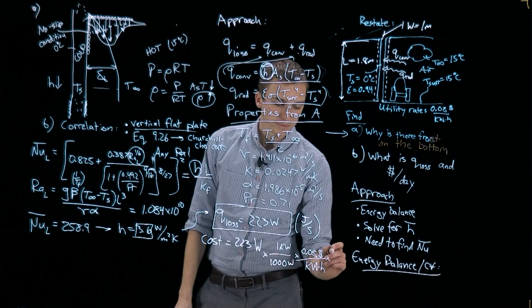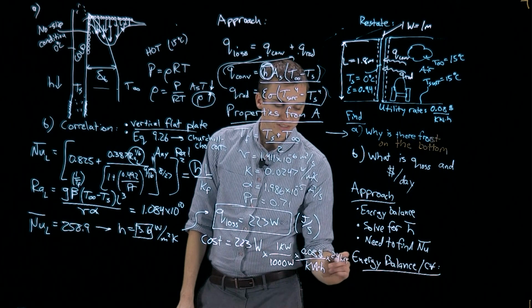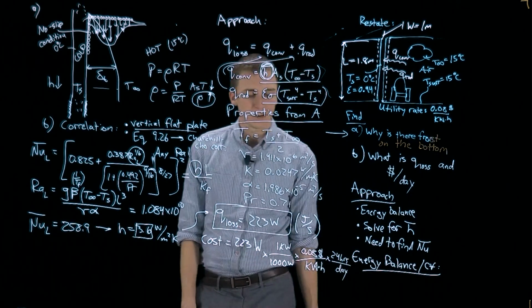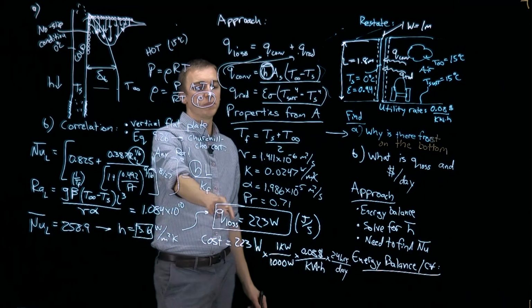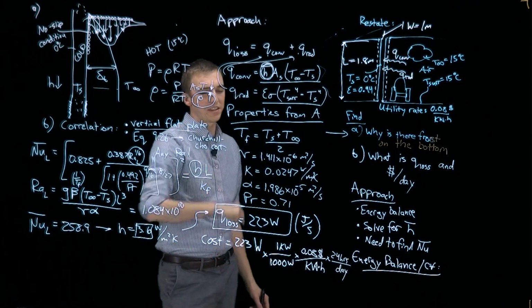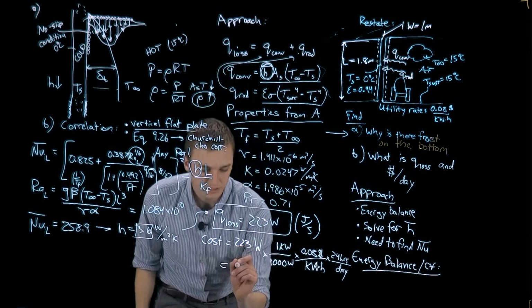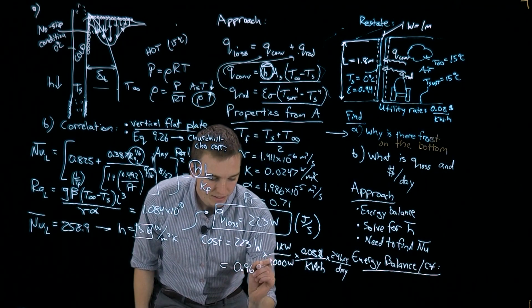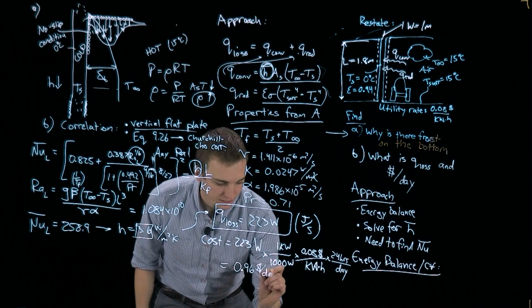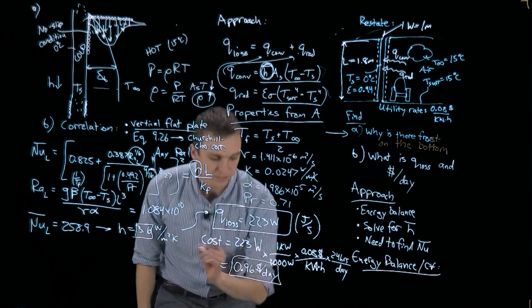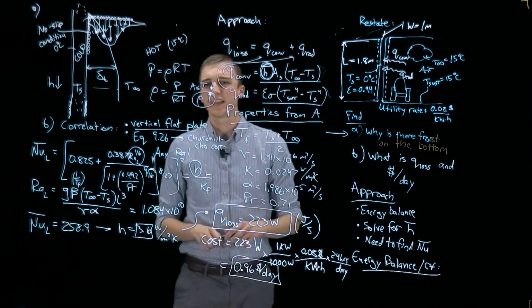So we need to multiply by 24 hours in a day. So when you multiply all of these things together, you get the total cost that your window will cost you, and you get $0.96 per day, or 96 cents per day.